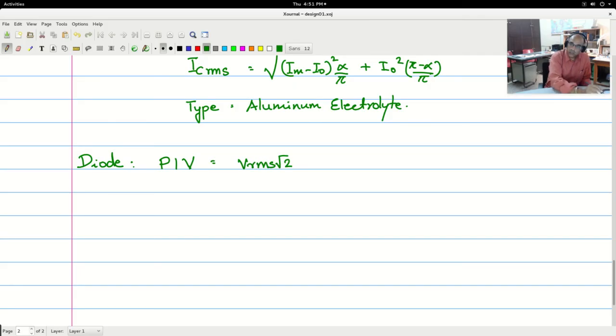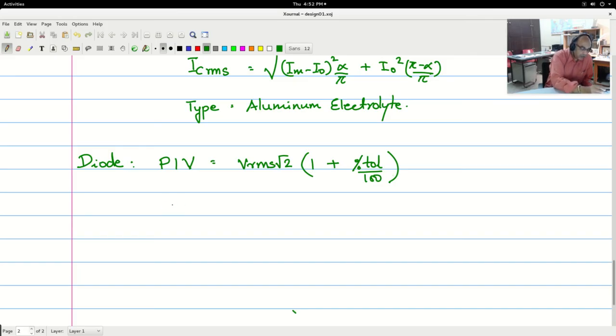So if it is 230, it will be 230 into root 2, 325 volts. To that you give the extra, the tolerance swing for that particular place. This would be the max. So when you choose a diode, you have to choose a diode which is definitely having a peak inverse voltage rating much greater than what you would calculate using this formula.